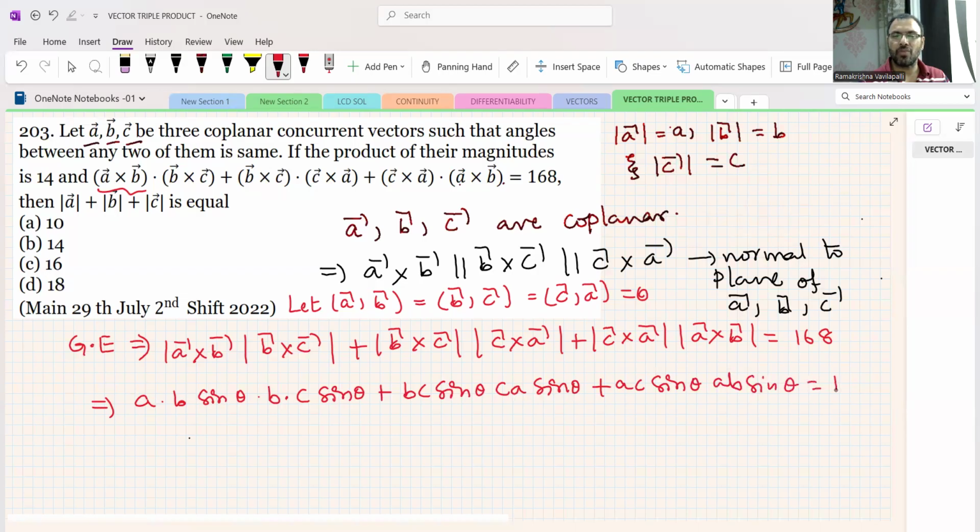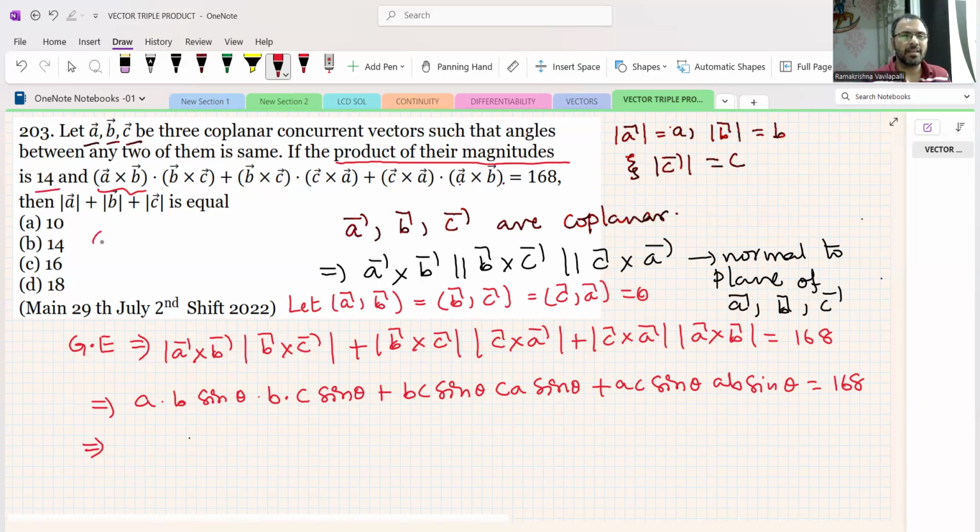This is equal to 168. I was thinking I can solve using the previous result. Maybe we can solve it, but it's too lengthy. Now here you see that the product of their magnitudes is 14.